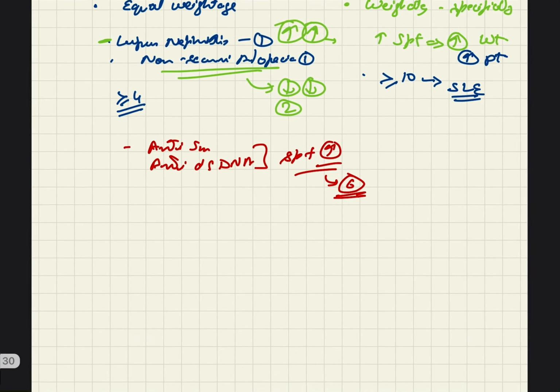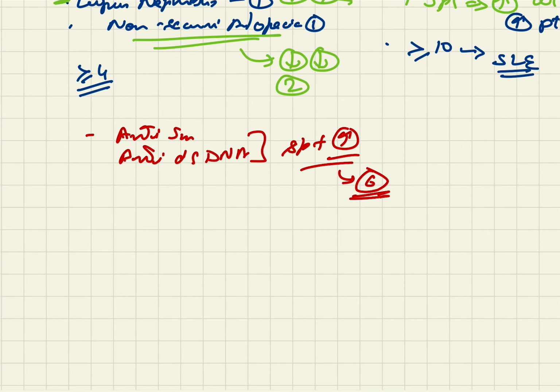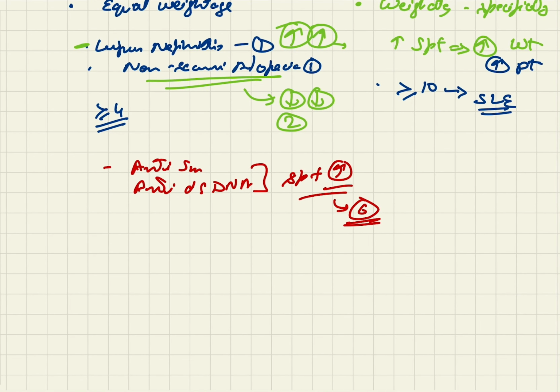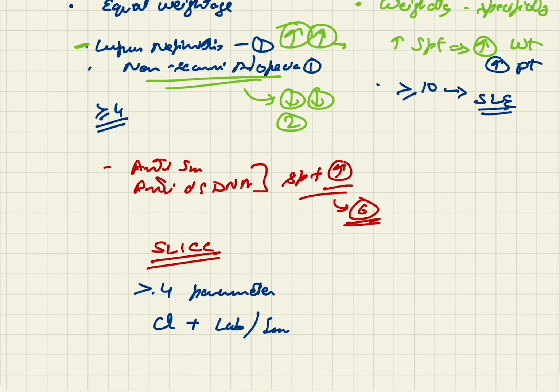The first change we have discussed is specificity. Previously, in the SLICC criteria, we just had to get 4 or more parameters in the clinical as well as the lab or immunological parameters.